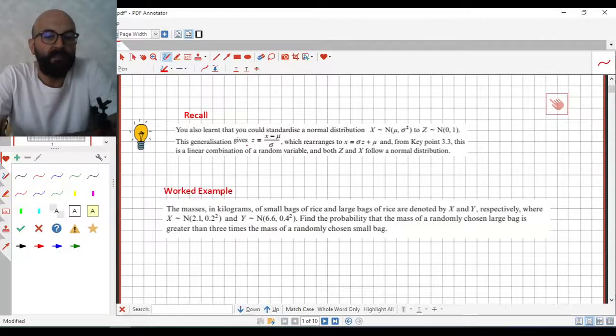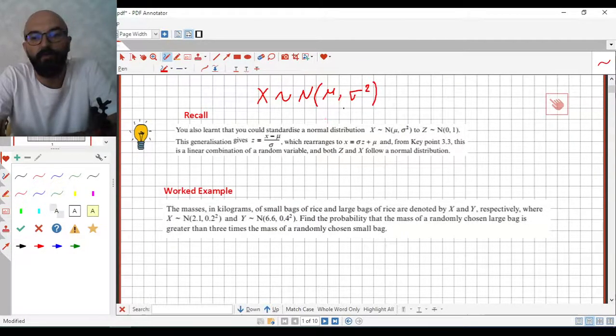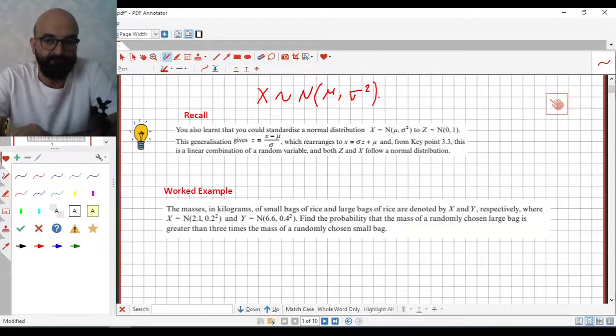For example, the x value in the normal distribution has the first value mu, or expectation, and the second value variance, or sigma square.